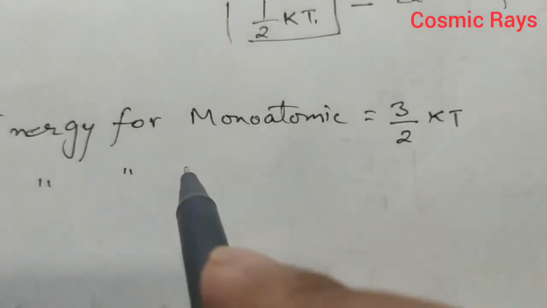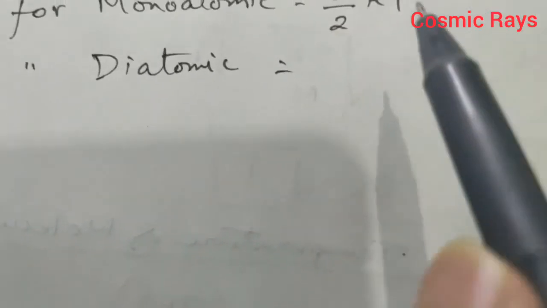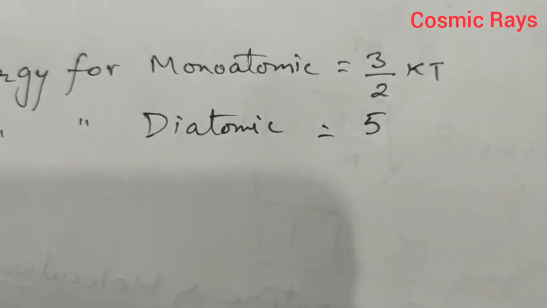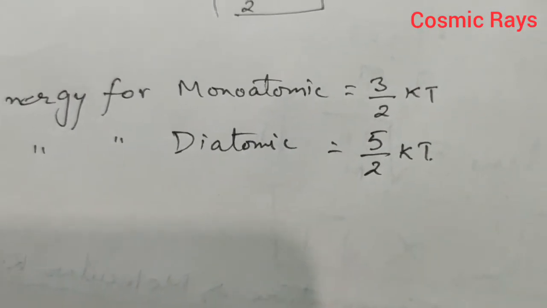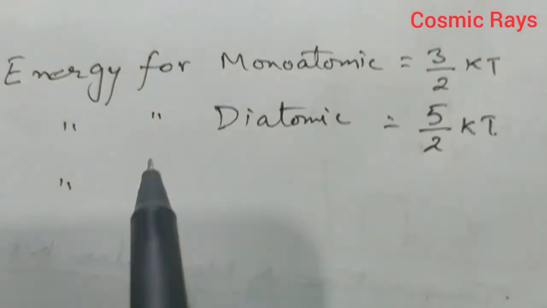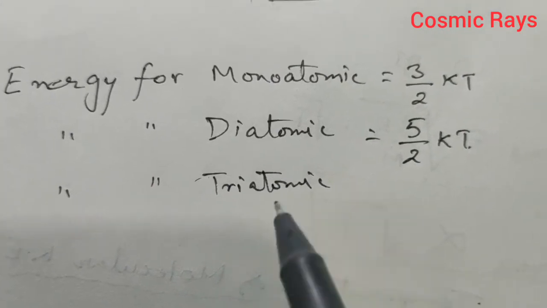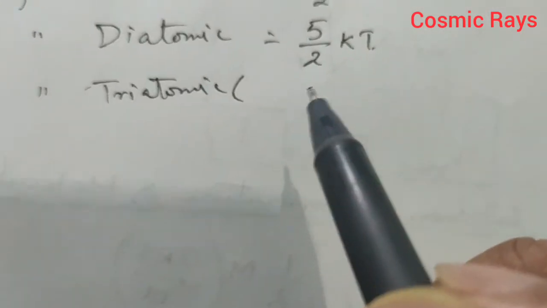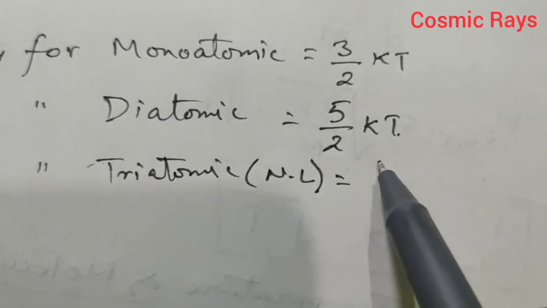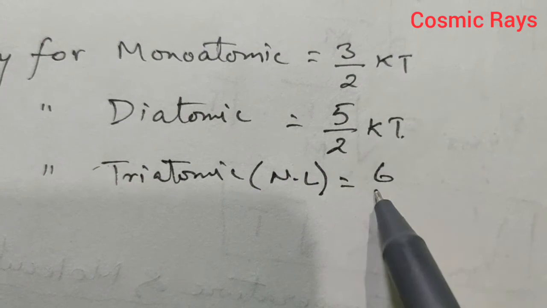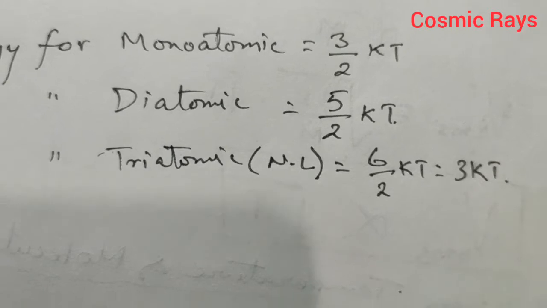Similarly, energy for diatomic would be, the degree of freedom is 5 and 1 degree of freedom has got energy half kT. So the total energy would be 5/2 kT. Similarly, energy for triatomic non-linear is, there are 6 degrees of freedom, and for 1 degree of freedom we have half kT. So 6/2 kT, that is nothing but 3 kT.